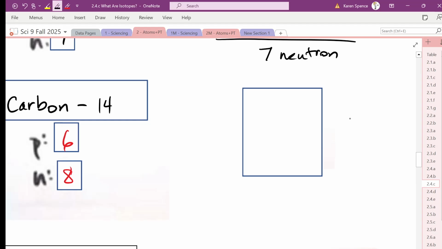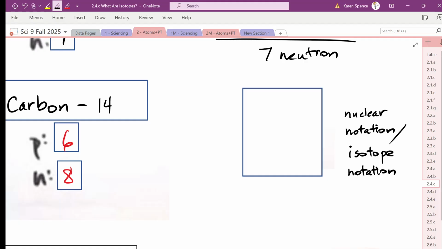And if we wanted to write the nuclear notation, what is the other word for nuclear notation? Isotope notation. How would we do that? Tell your partner. Actually, try it and see, then check with your partner.